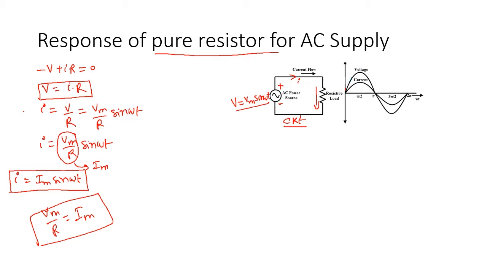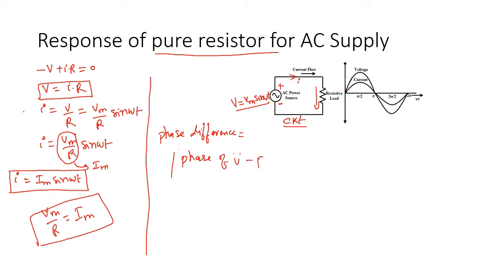What is the equation for finding the phase difference? The phase difference is equal to the phase of V minus the phase of current I. What is the phase of V?